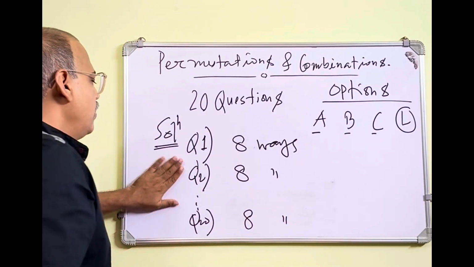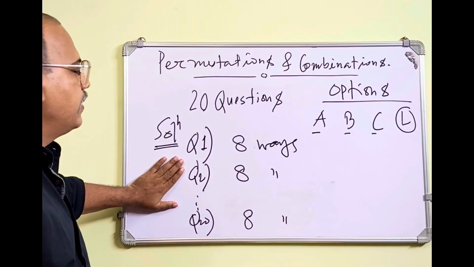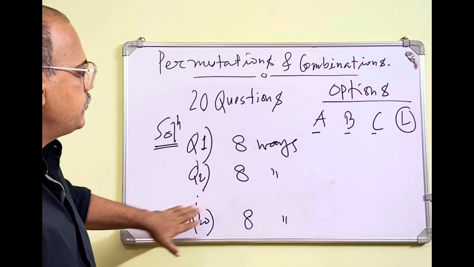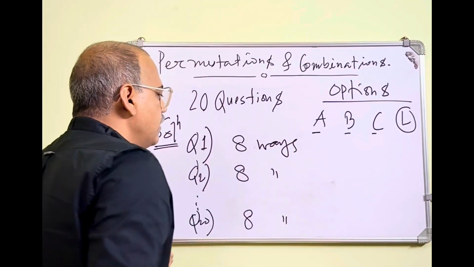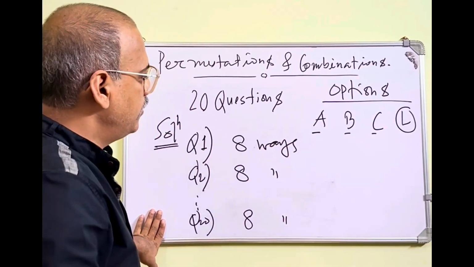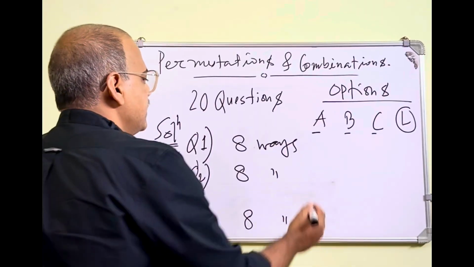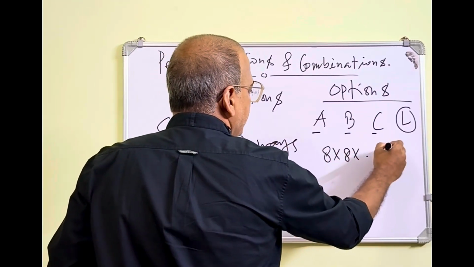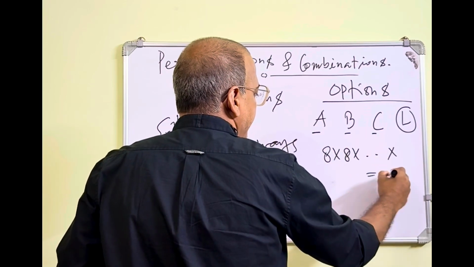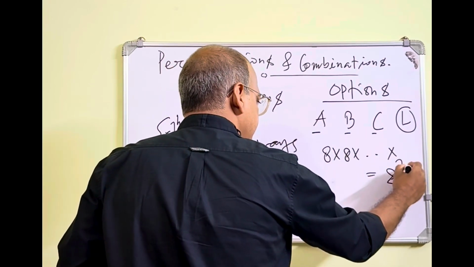So if you need to attend all 20 questions, how many different answers can be formed? It's simple, using the principle of multiplication. It should be 8 cross 8, 20 times. So it's 8 to the power 20.